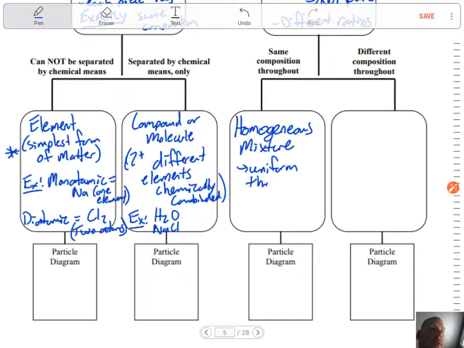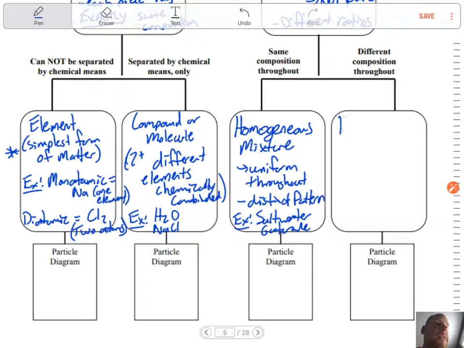Uniform throughout. Distinct. Okay, it's got a very distinct pattern. Examples of this would be something like salt water. Every time you take a drink of salt water or Gatorade, right, it's the same every time. You don't get sugar in one sip, water in the next, and flavoring in the next. It's the same every time, okay?